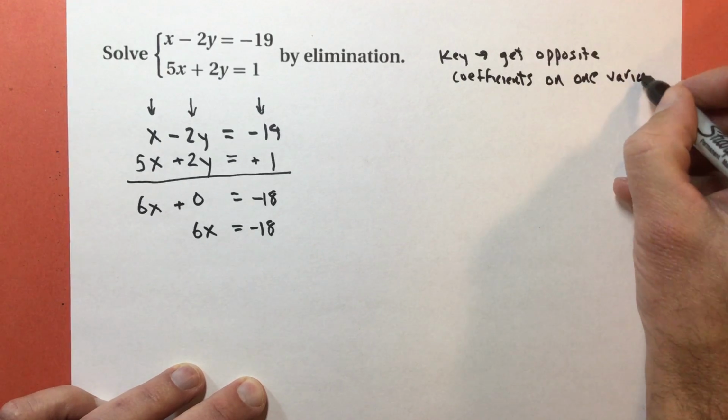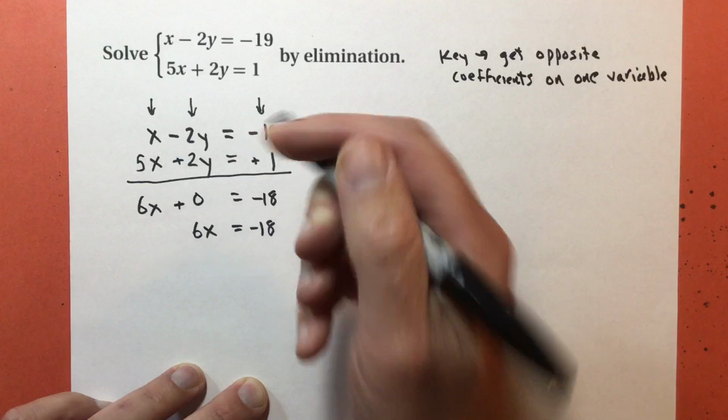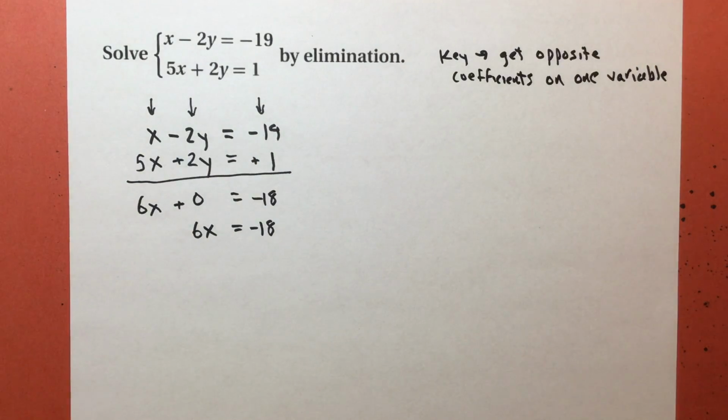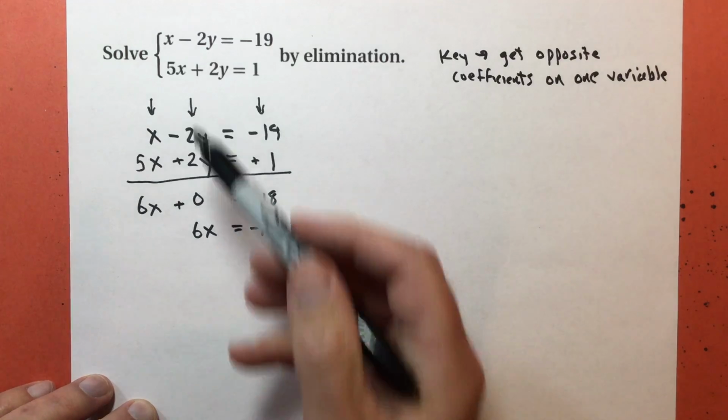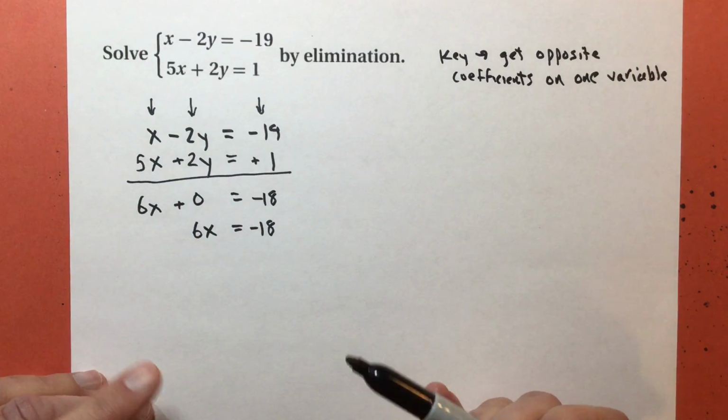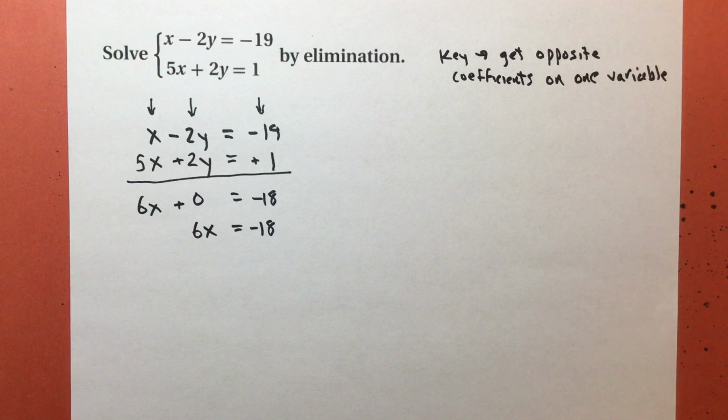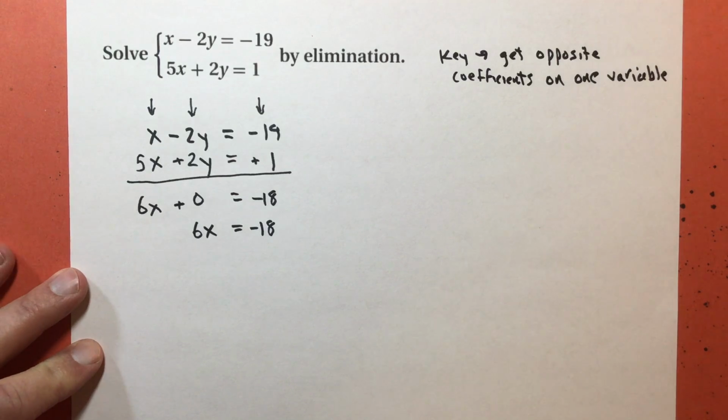In this case, it was the y's, but in some of the other problems it's going to be the x's. Now, sometimes, this is nice. It started off with negative 2y and positive 2y. Sometimes we're going to have to do something else to make that happen, but that'll be in the other videos.